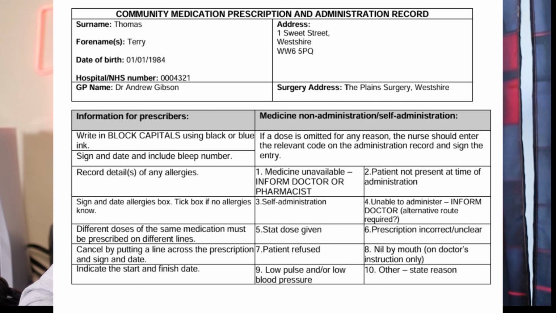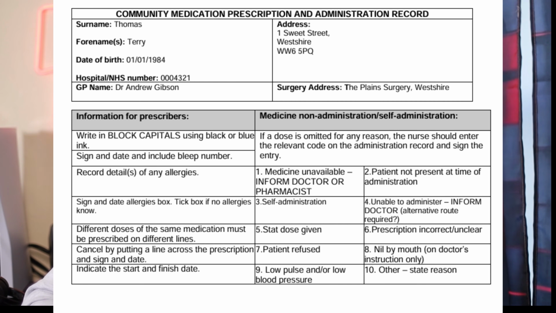Code number 6 is incorrect or unclear prescription. Code number 7 is patient refused. Code number 8 is nil per mouth, or nil by mouth. Code number 9 is low pressure or low pulse. And code number 10 is any other reason. So these are the codes that we have from code number 1 to code number 10.